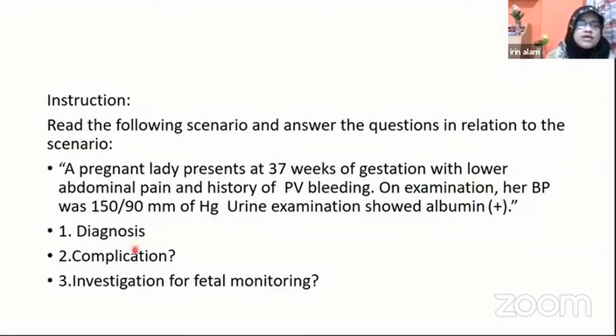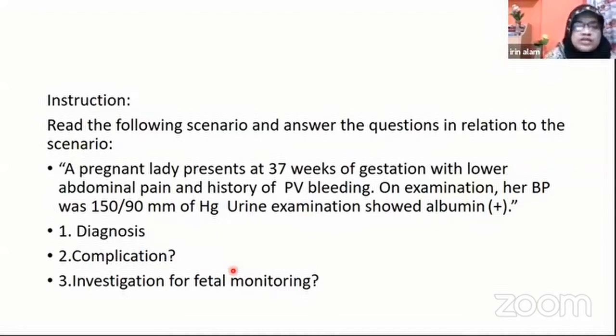And what will be the complications of abruptio placenta? Complications may be acute renal failure. There may be coagulation failure, DIC. If due to excessive antepartum hemorrhage, this may be followed by PPH, and patient may go to shock.